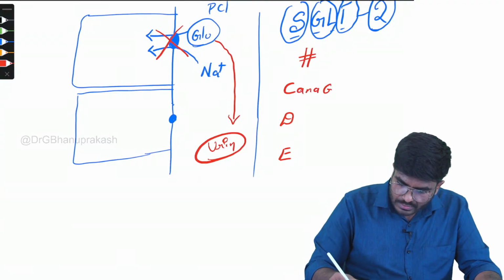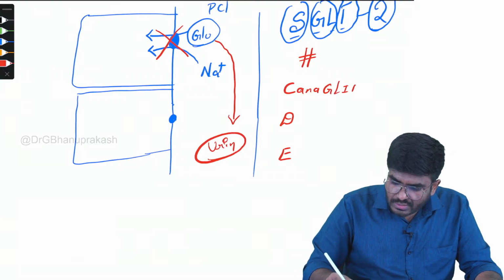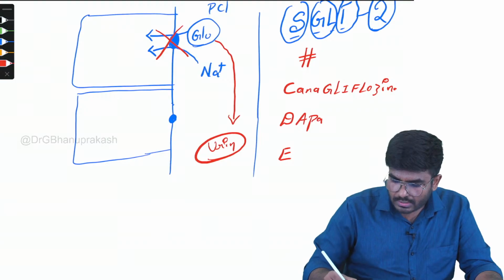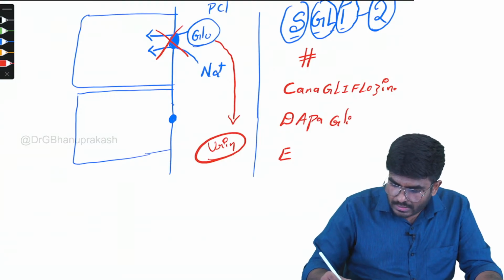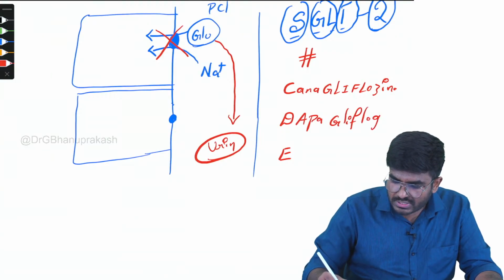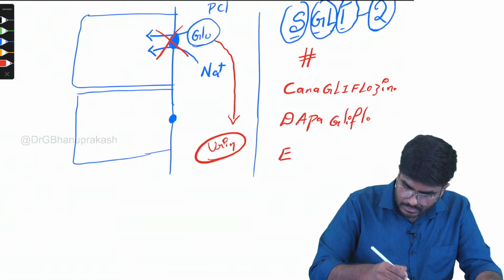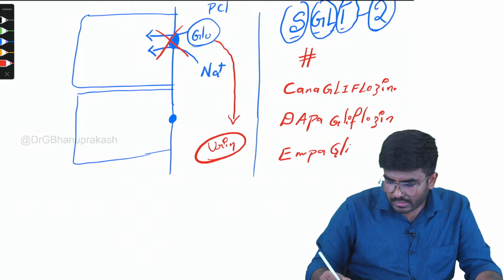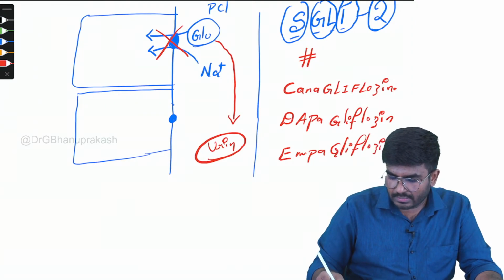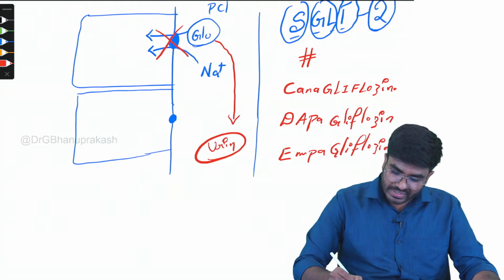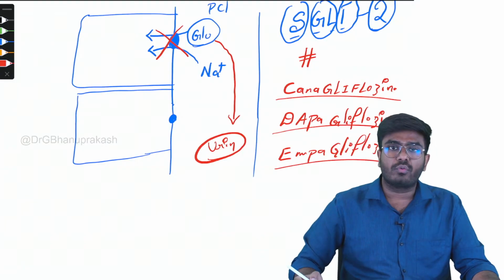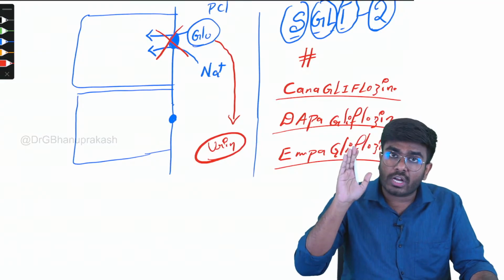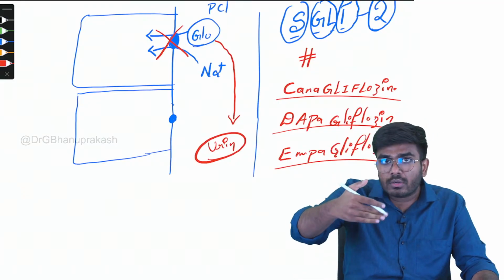Canagliflozin, dapagliflozin, empagliflozin. These are the gliflozin group of drugs. These drugs will inhibit the sodium glucose co-transporter type 2 so that glucose is lost in the urine.